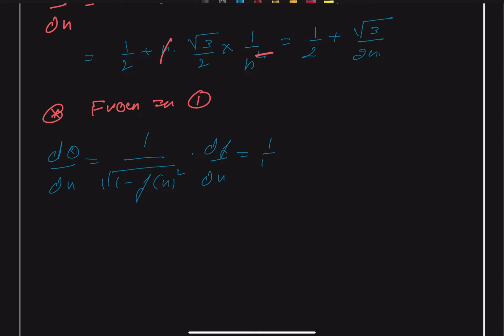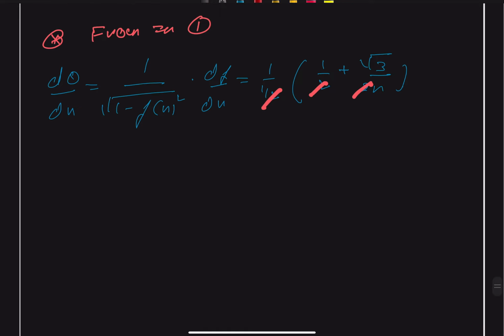We get 1 upon 1 by 2, and df/dn is 1 by 2 plus square root of 3 divided by 2n. The 2 goes on top, so the 2s cancel out, and we get d theta by dn equal to 1 plus square root of 3 divided by n. And finally, we know that n is square root of 3.